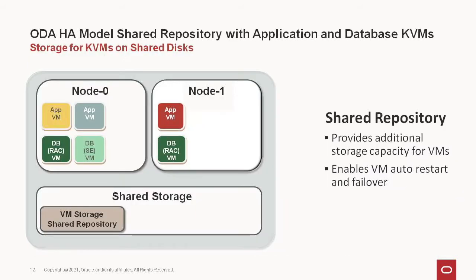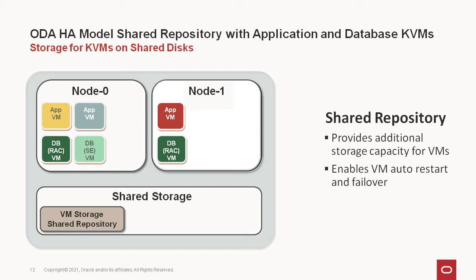Okay. So this is just a quick view to show you the HA capability that's provided by our HA system that comes pretty much automatic. In this example, we have 3 different application VMs, 2 on node 0 and 1 on node 1.